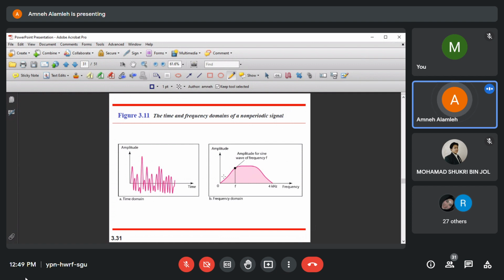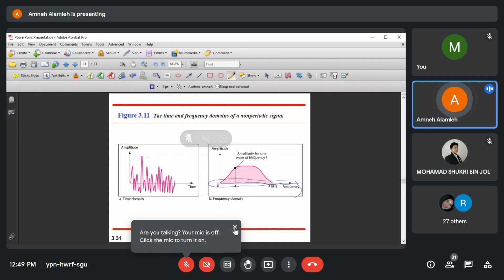So the time and the frequency domain of the non-periodic signal look like this. In the time domain, this is a non-periodic signal. It's like your talk on a phone. How can it be represented in the frequency domain? This is the frequency axis. Each one of these, the number of waves in a single unit of time, represents the frequency.